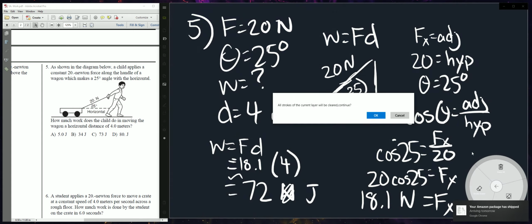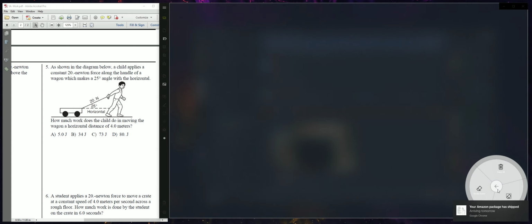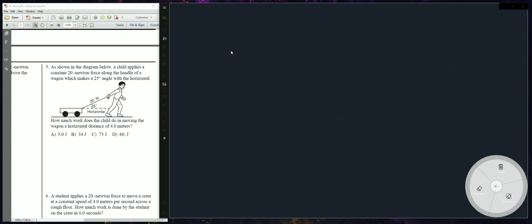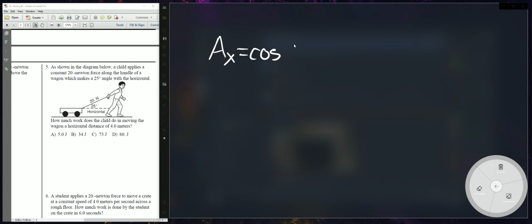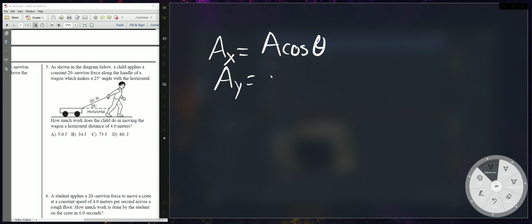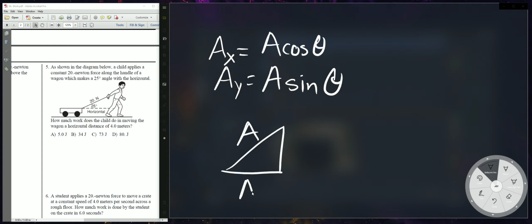Answer is C. Now, let's say you don't remember any trig at all, right? On your reference table, you should see these two formulas. What this is saying is that my x vector, and this is A, your hypotenuse is A, and your horizontal is Ax, and your vertical is Ay.